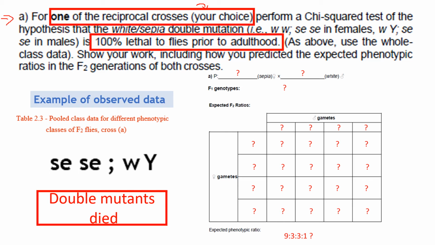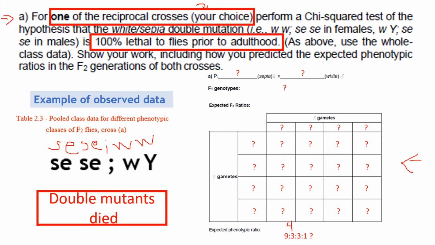So how do you do it? You need to go again to this table, and you need to look for the double mutants. Here I put the males, but you can also look for the females that are double mutants. Before, you used to have a ratio of three phenotypes: white, sepia, and wild type. Now you're going to have 4.